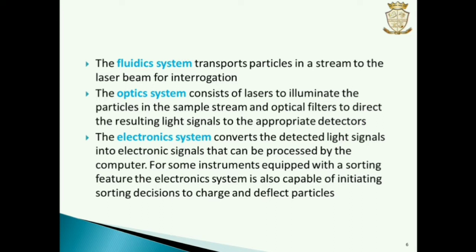The optic system consists of lasers to illuminate the particles in the sample stream and optical filters to direct the resulting light signals to the appropriate detectors. The electronic system converts the detected light signals into electronic signals that can be processed by the computer.